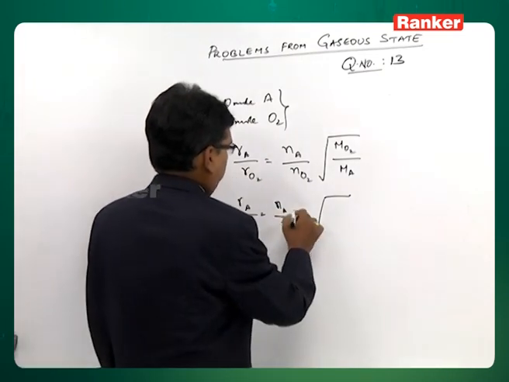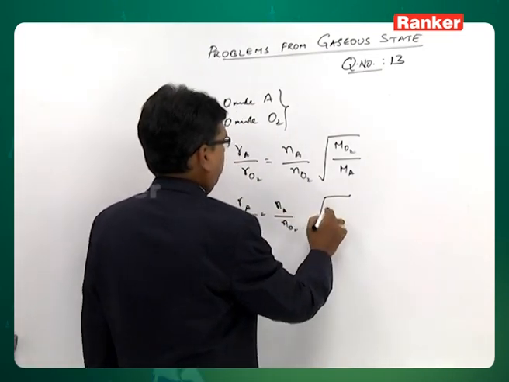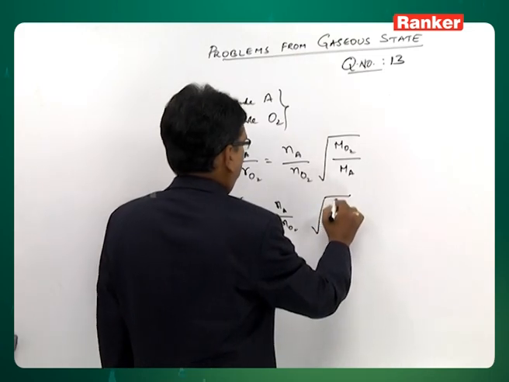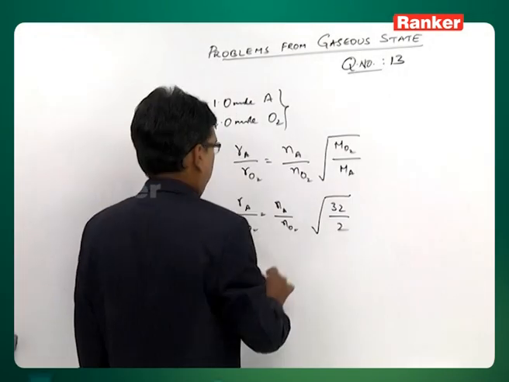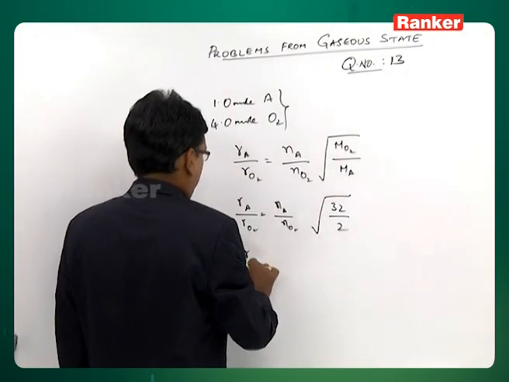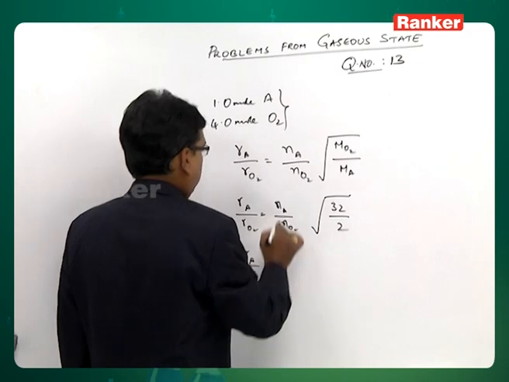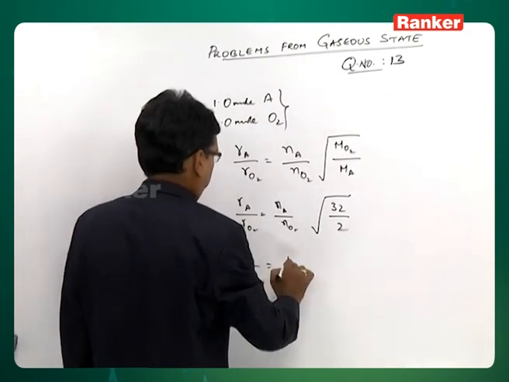So, the mole ratio being NA by NO2 into MO2 by MA, where MO2 is 32 and MA is 2, RA by RO2 in turn is given as 1 by 4.